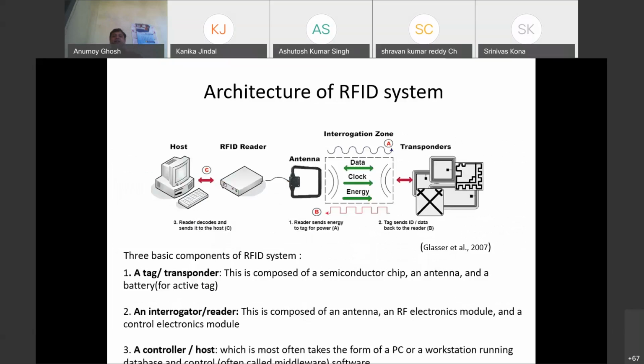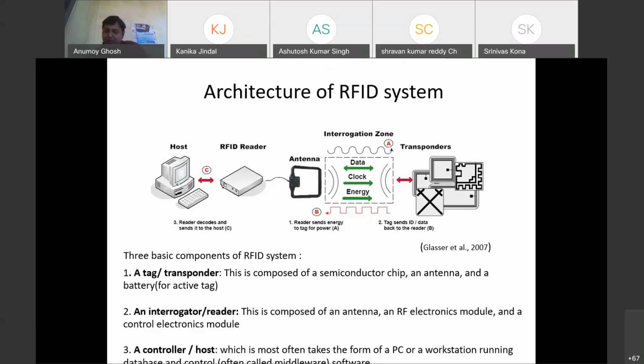Now this is the basic architecture of an RFID system. So what happens? This is a tag with transponders, and this is the antenna of the reader. Whenever the reader and the tag are in the readable zone, the reader antenna radiates some energy to the tag, and whenever the tag senses the energy, the tag chipset will be on. And whenever the tag chipset is on, the data in the chipset is sent by the tag antenna towards the reader antenna.